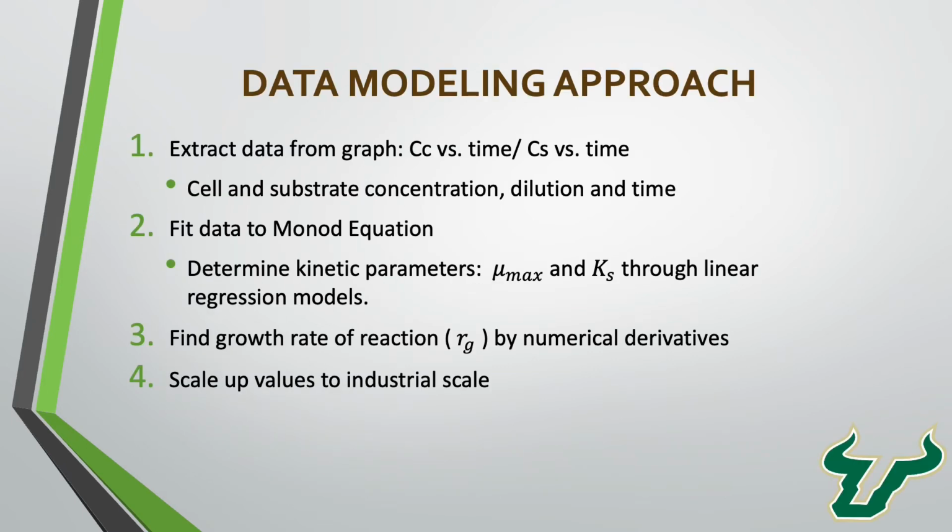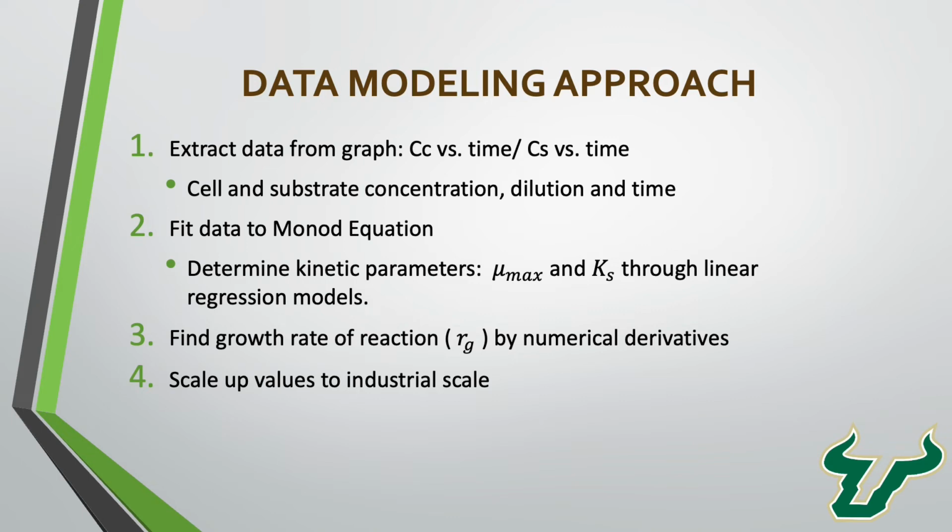Data modeling approach. The modeling approach for our system was based on experimental studies performed in a small-scale batch reactor and chemostat. We first extracted data for the cell and substrate concentrations associated with the cultivation time. Additionally, we recorded the dilution time.